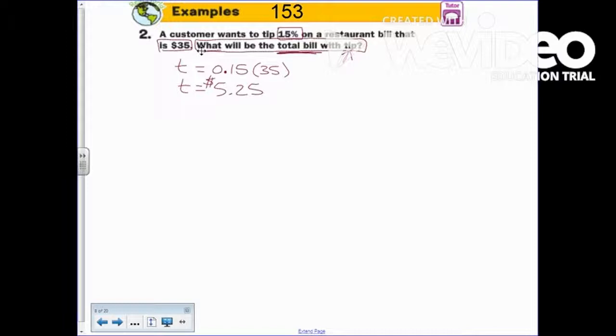To find the total, I'm going to take my $35 and add the $5.25. Notice that I'm lining up the decimal points. $35 would have to have two zeros on the end of it. So make sure you're adding things correctly. This gives us a total cost of $40.25.